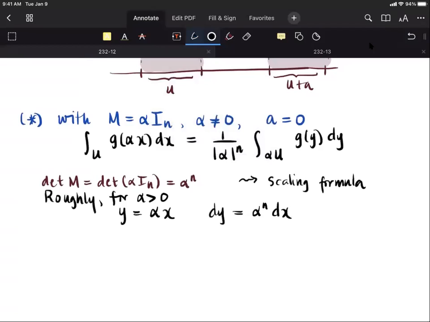Here we have a power n because we are now in n dimensions. Therefore you can think of dx as 1 over alpha to the n dy. And roughly this is this formula. But we need to be very careful in the case where alpha is negative. We need to take the absolute value.